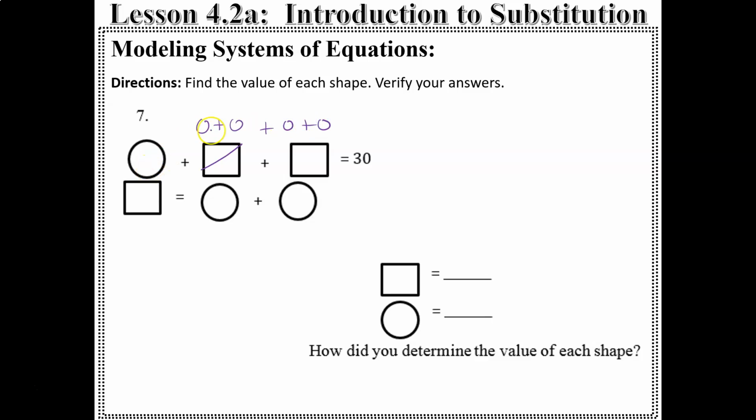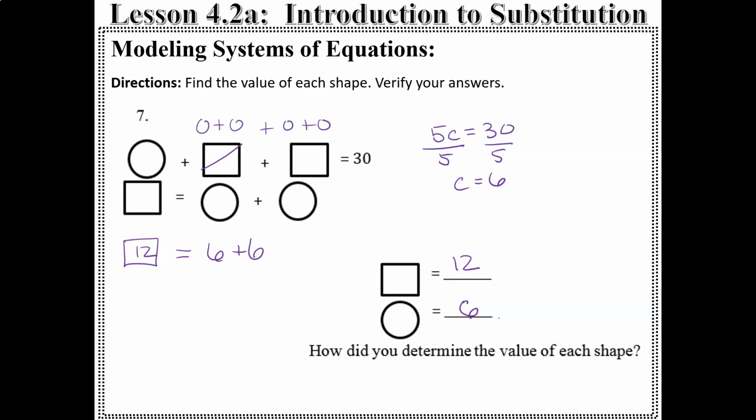So now I have 1, 2, 3, 4, 5 circles equals 30. So when I divide by 5, the value of a circle is 6. So I know a square is 6 plus 6. 6 plus 6 is 12. So a square is 12.